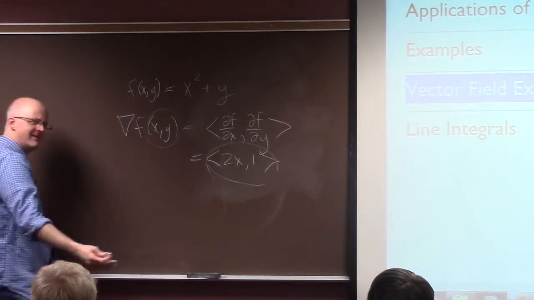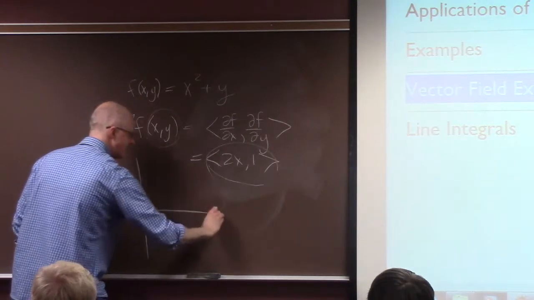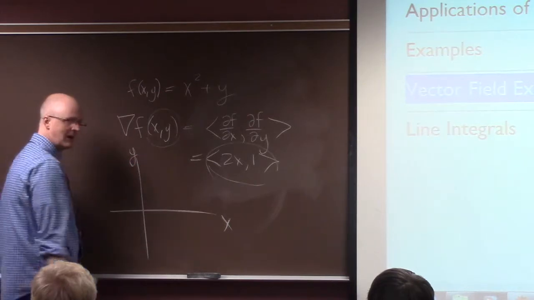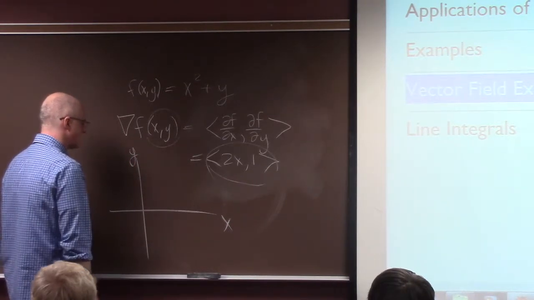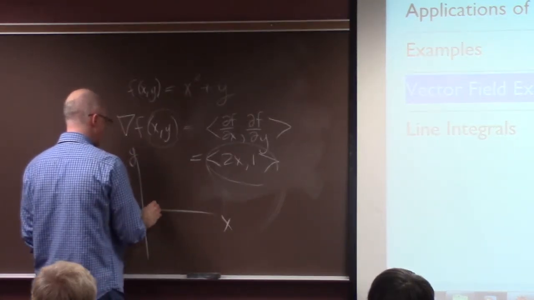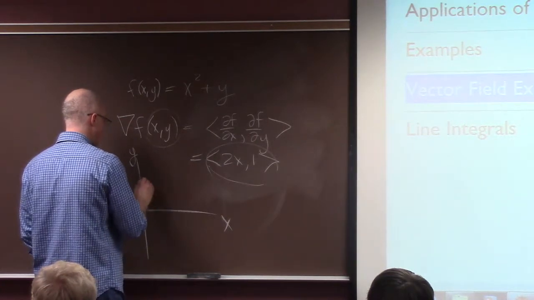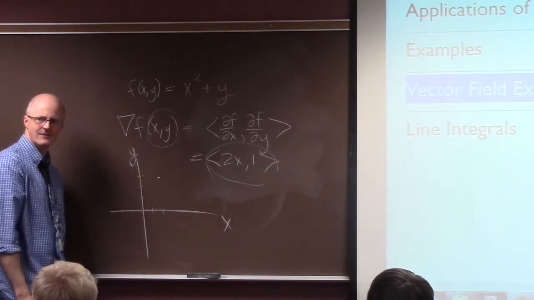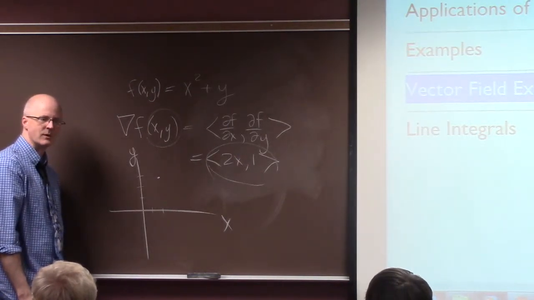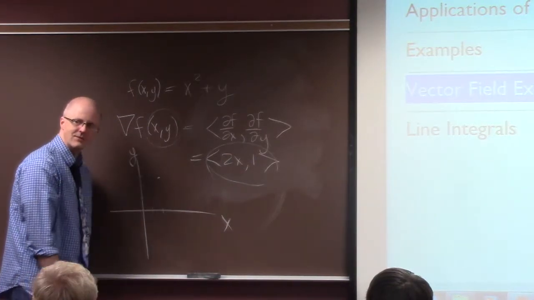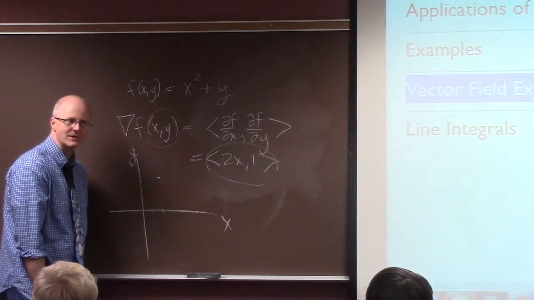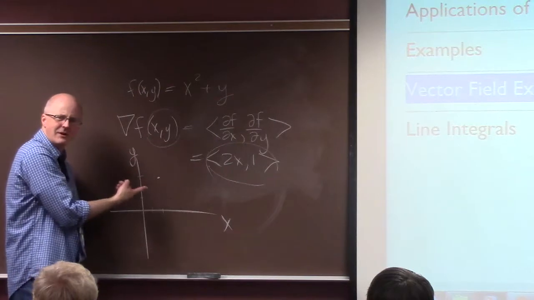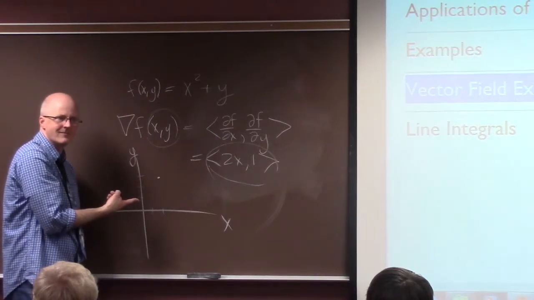Remember what we did? For example, if I want to plot this at the point 2, 3, how do you plot this? We did do this, though we didn't spend a ton of time on it.